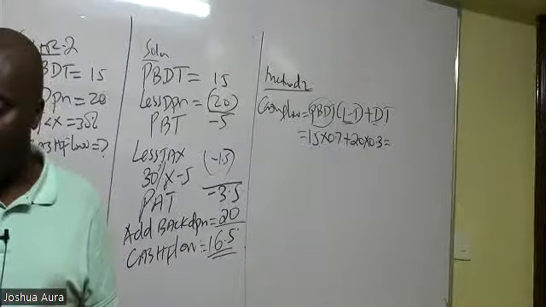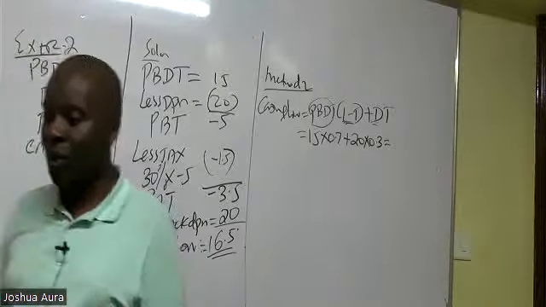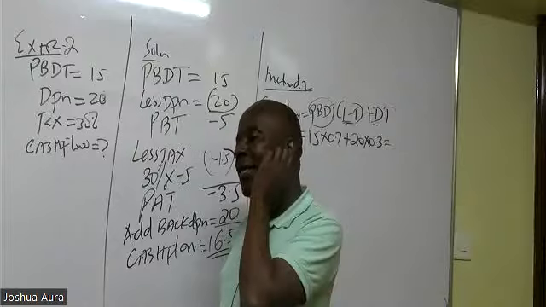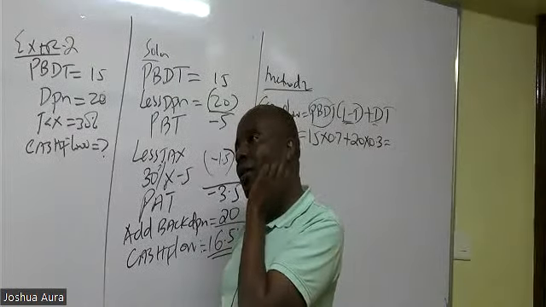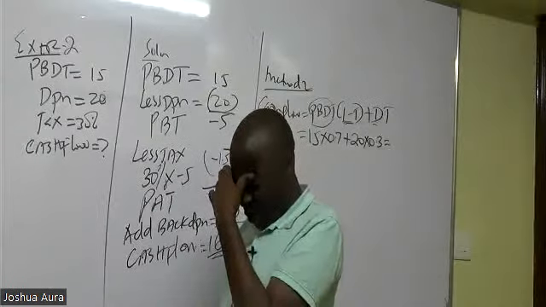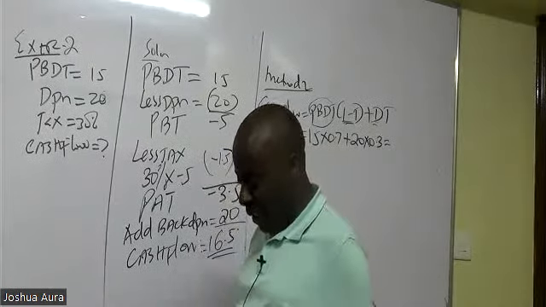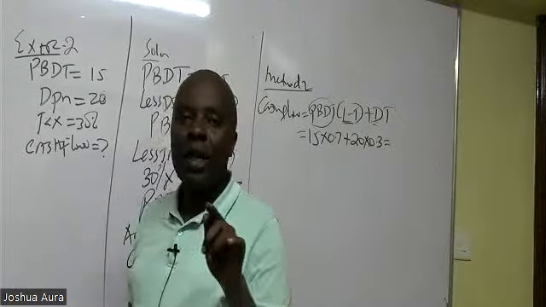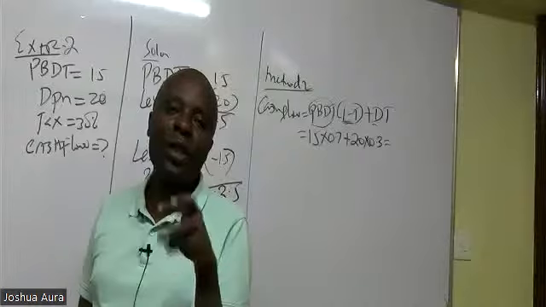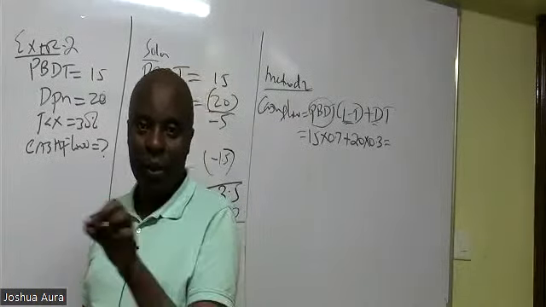Do you still call it profit after tax, even if it's a negative? Good question. Remember, Agnes, the worst mistake you can make is, for example, when somebody asks what the loss of Kenya Airways was last year, and you say Kenya Airways made a loss of negative 10. When you call it a loss, you can't put a negative.